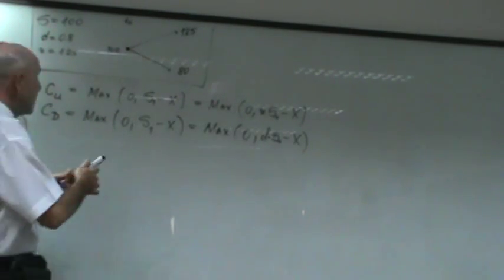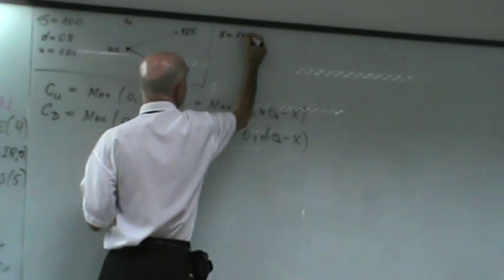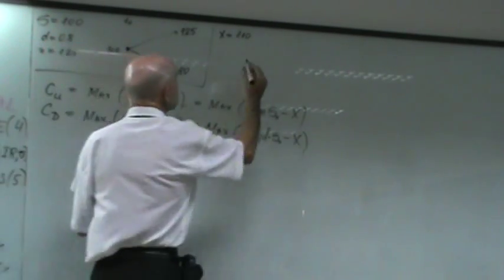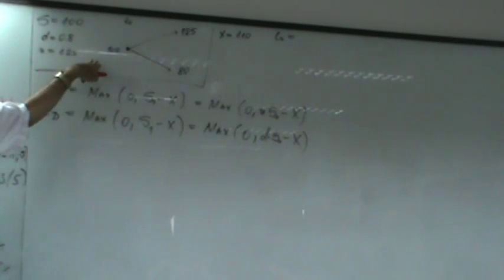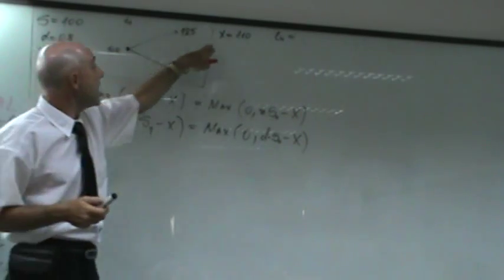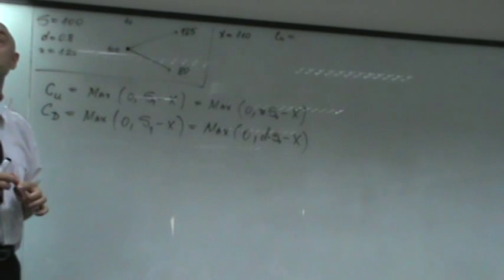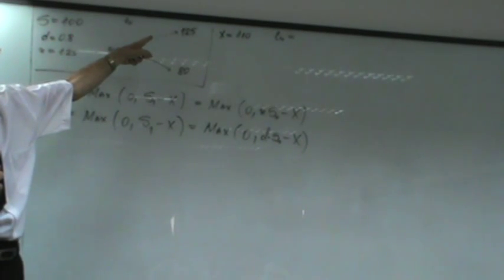Here, if X equals 110, how much is the value of the option on the up move?